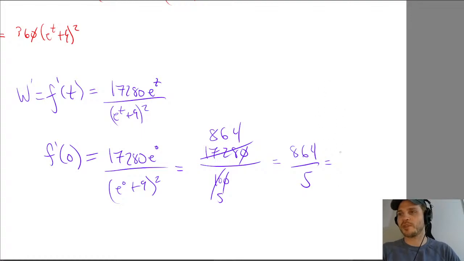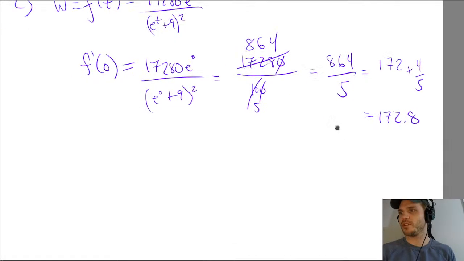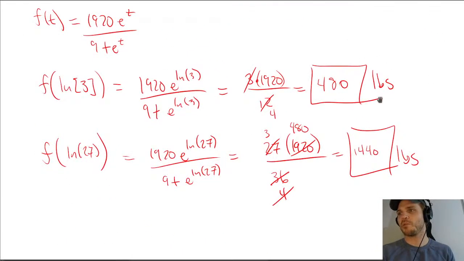I think improper fractions are phenomenal. I love them. But this is like 172 plus 4/5, which is 172.8. So, you know, about 172, 173 pounds per year at that point.